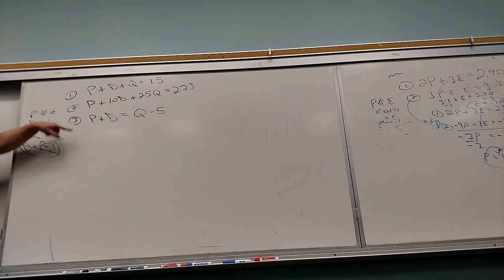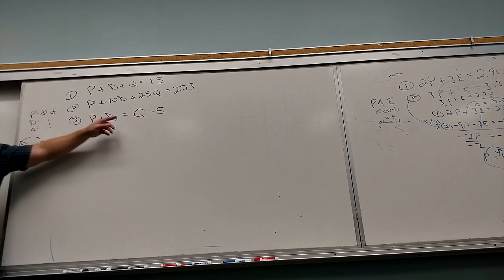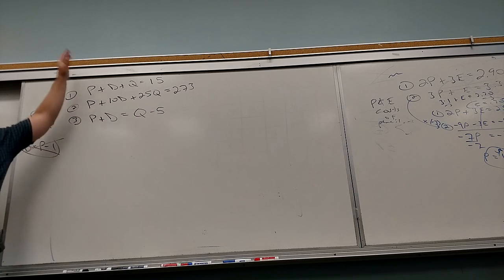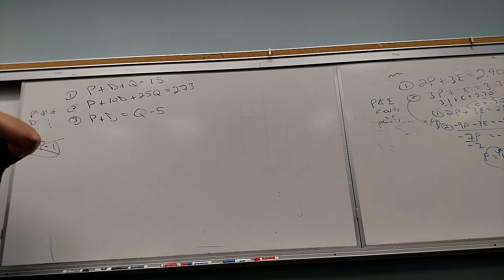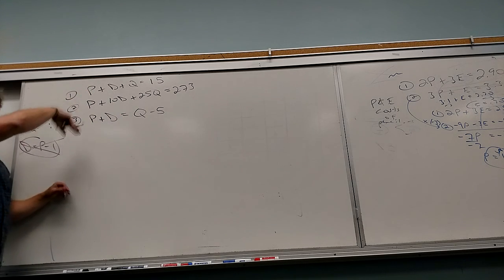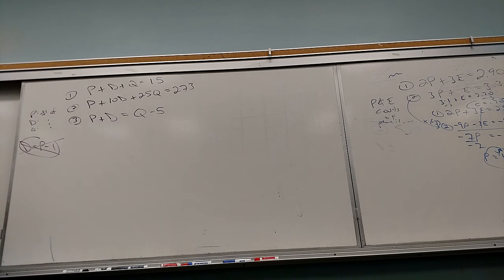Because these are the ones I wanted to give you. Now, see this last one, how the Q's on the wrong side? I could start killing letters, right? I could subtract the Q over, and then I could kill the P's twice. That's the standard textbook way to do things.